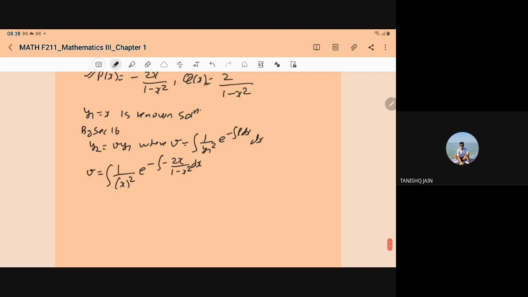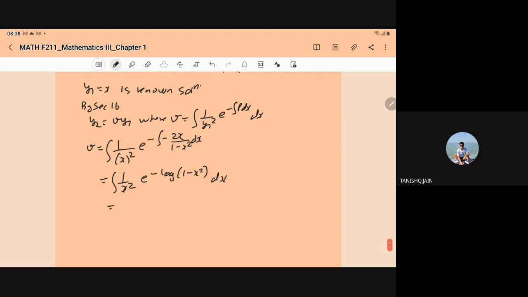So this will come integral 1 upon x square, and here we have e to power minus log of 1 minus x square, so 1 upon 1 minus x square into dx.